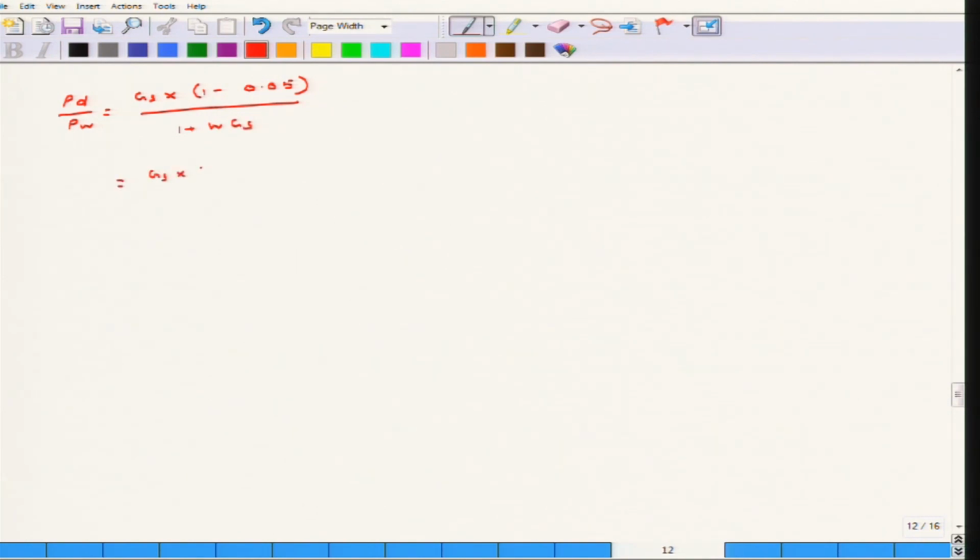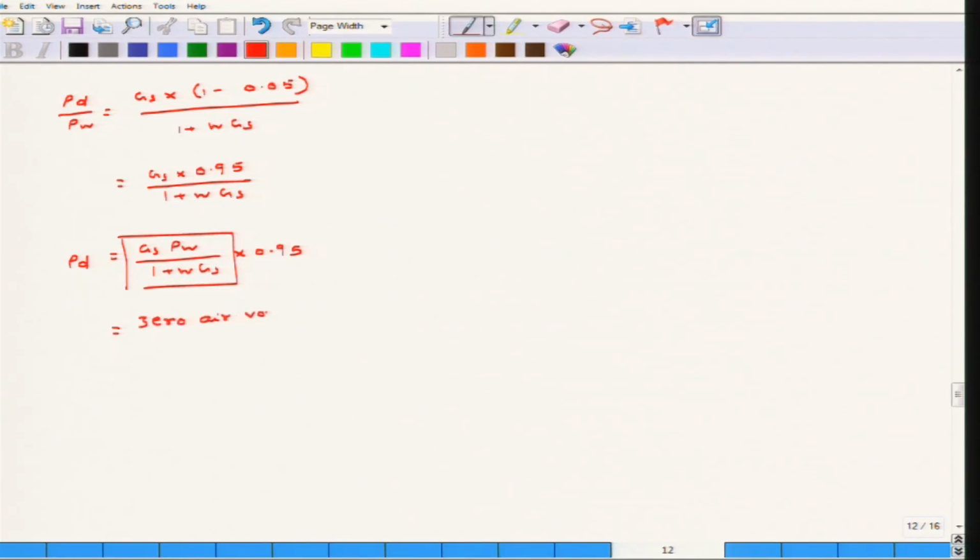So GS into 0.95 over 1 plus W GS. Now this term, GS into rho W over 1 plus W into GS, is equivalent to the zero air void line. So you can write it simply as the zero air void line dry density in gram per cc multiplied by 0.95.